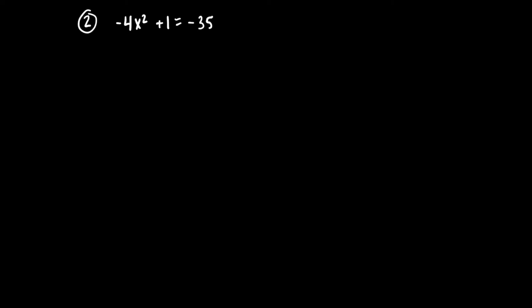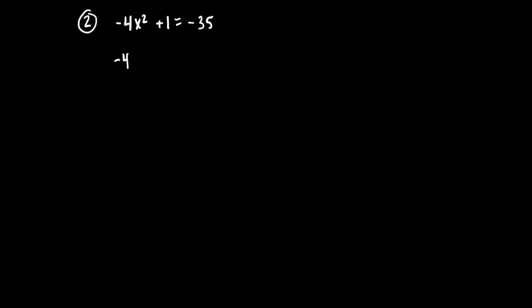Okay, let's look at another example here. So we have negative 4x squared plus 1 is equal to negative 35. And so what I'm going to do here is, on the last example, we tried to get the x minus 2 squared by itself. Really, if you can isolate the part where the x is getting squared by itself, then you'll be able to solve. So, first thing I would do here is kind of pretend that the x squared is like our red triangle of sorts.